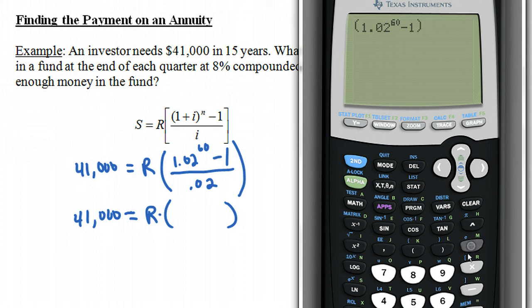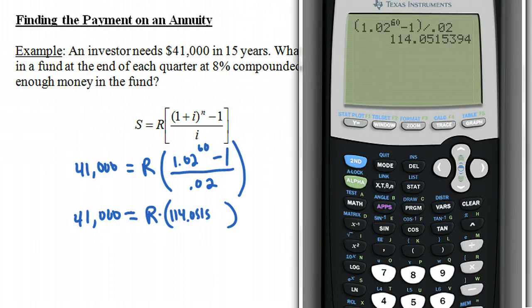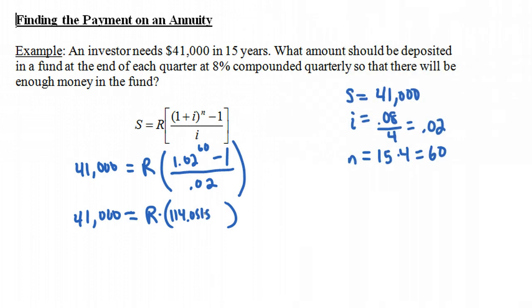All of that divided by 0.02. And notice we get 114.0515. In fact, let's take all the decimal places here: 114.0515394.